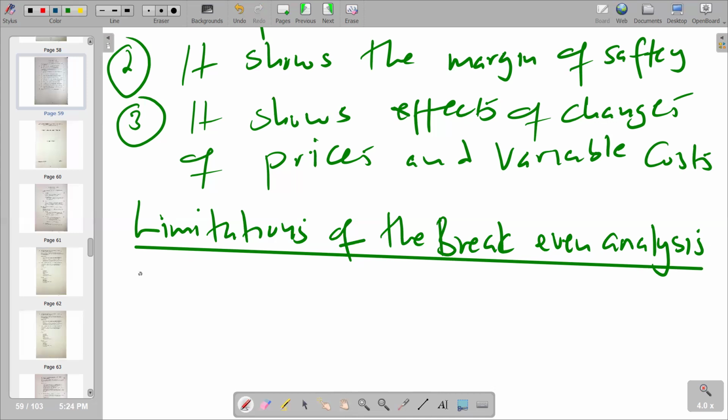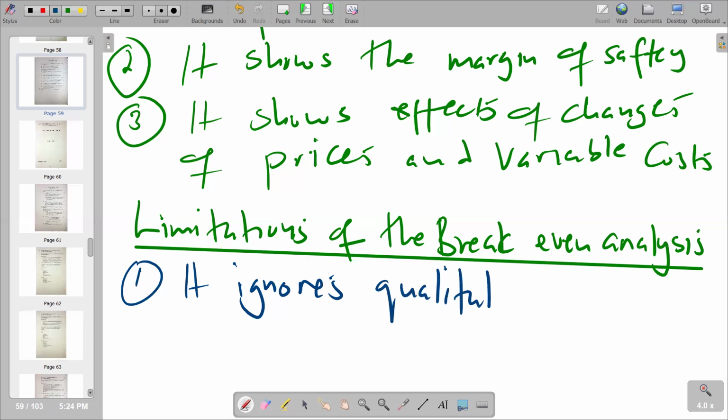So I would say that the first limitation that we can include is that it ignores qualitative factors. So the question is, what are qualitative factors? Remember, we've got quantitative and then qualitative. Quantitative is a representation in terms of quantities, which is represented by number of units. When I talk about qualitative, they are not represented in quantities.